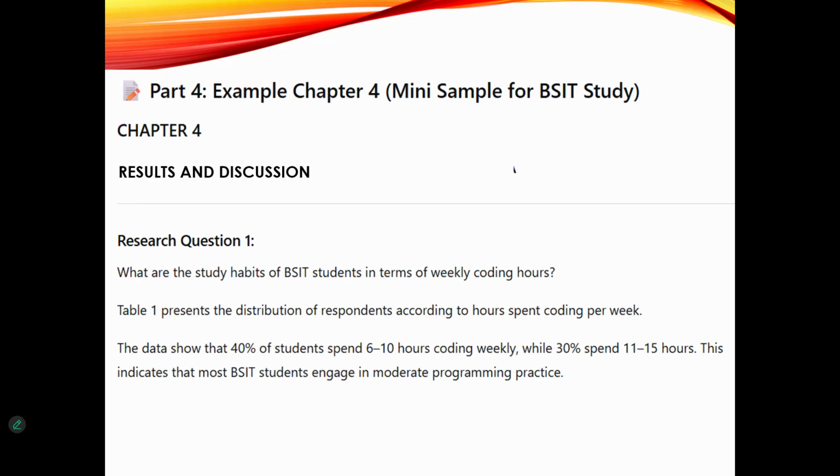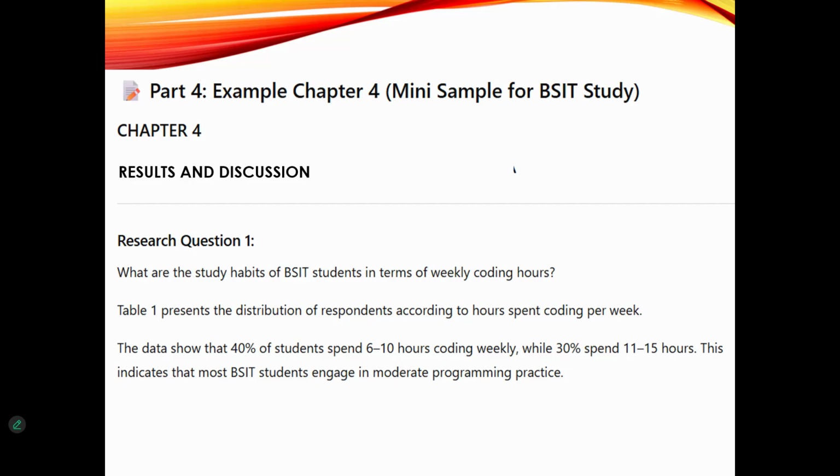Okay? So let's have this sample. Chapter 4, results and discussion, research question number 1. What are the study habits of BSIT students in terms of weekly coding hours? So let's have the table 1. The table 1 presents the distribution of respondents according to hours spent coding per week. Okay?